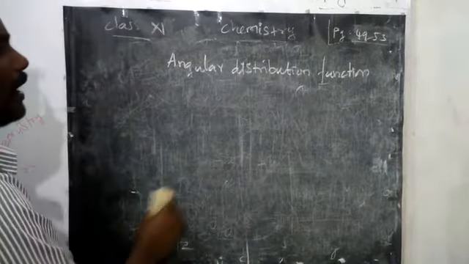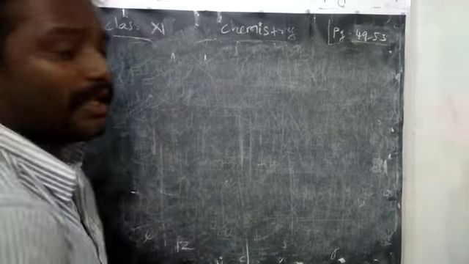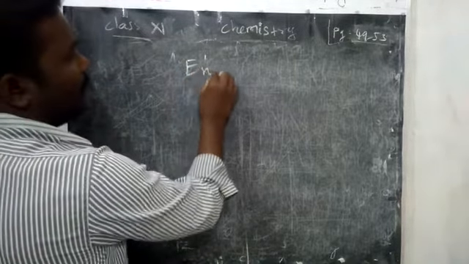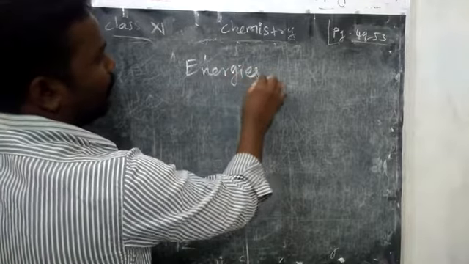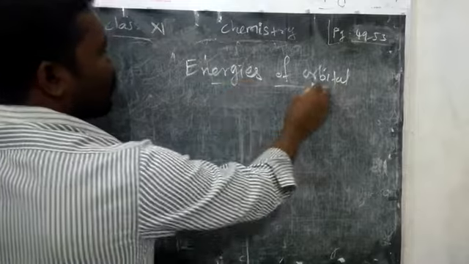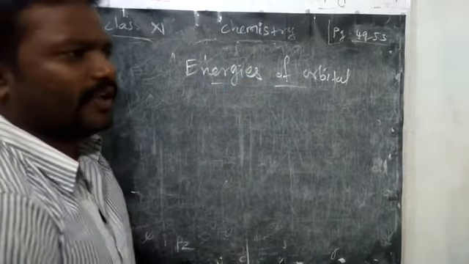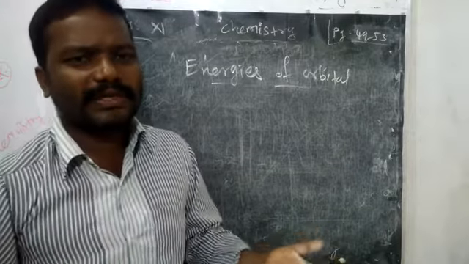Now, the last topic: we are going to arrange the energy of all the orbitals. How do you arrange the energies of orbitals? Many times we say electronic configuration 1s2, 2s2, 3s2, 3p6 like that.